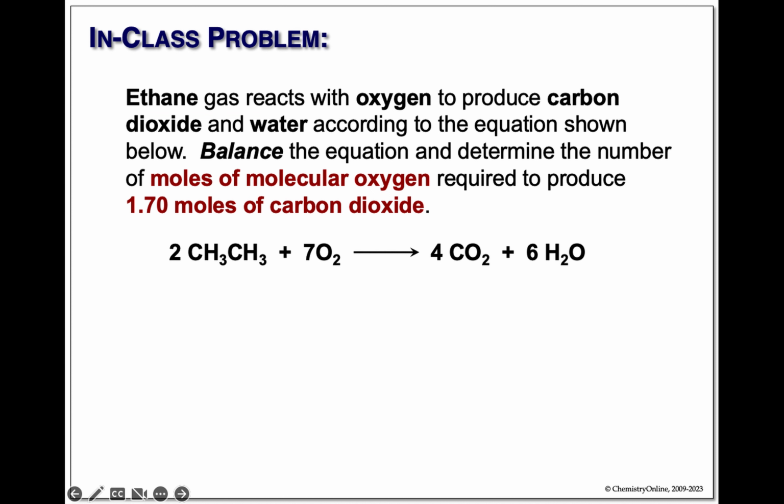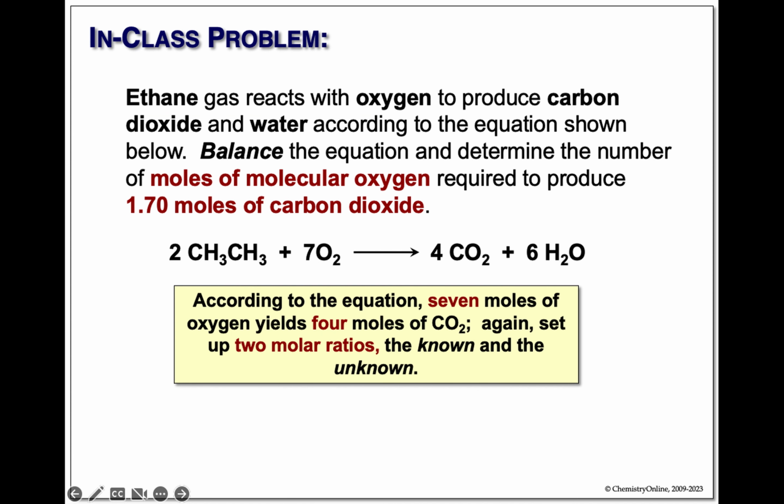All right, now we're interested in molecular oxygen and carbon dioxide. So this and this guy. 4 carbons, 7 oxygens. We are looking at 1.7 moles of carbon dioxide as our given, so we want CO2 in our denominator.